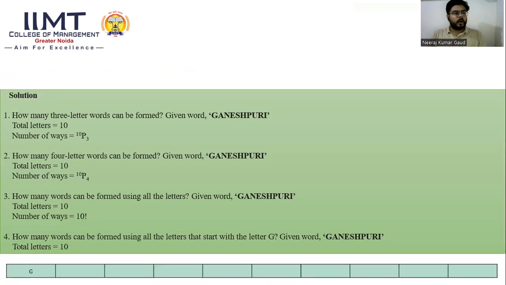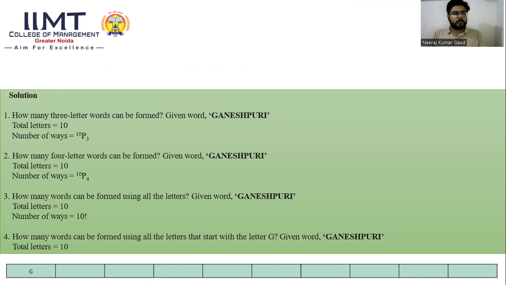Solution: how many 3 letter words can be formed? Given the word Ganeshpuri, total letters is 10, number of ways is 10P3. How many 4 letter words can be formed? Given the word Ganeshpuri, total letters 10, number of ways is 10P4.